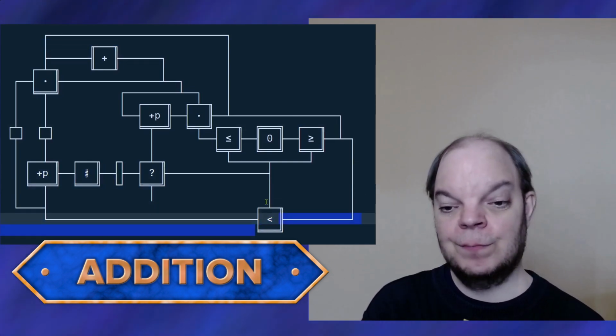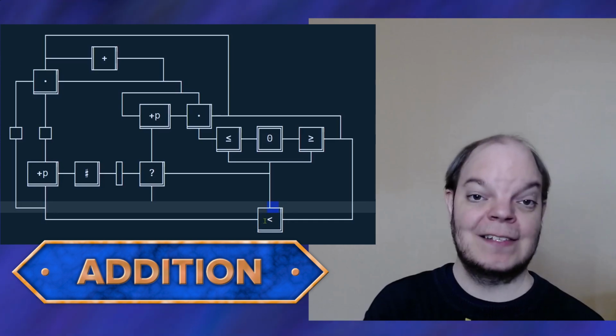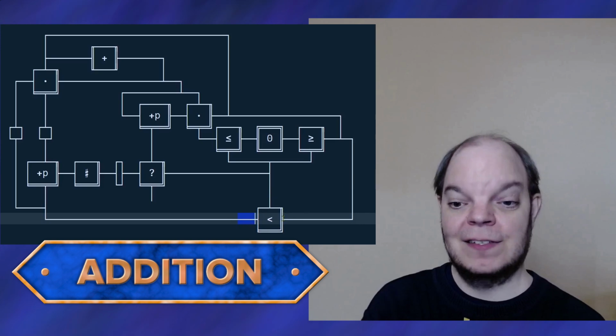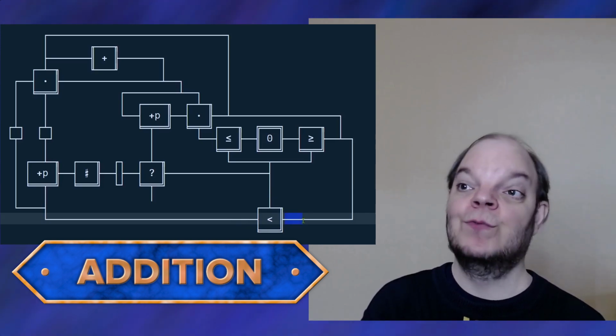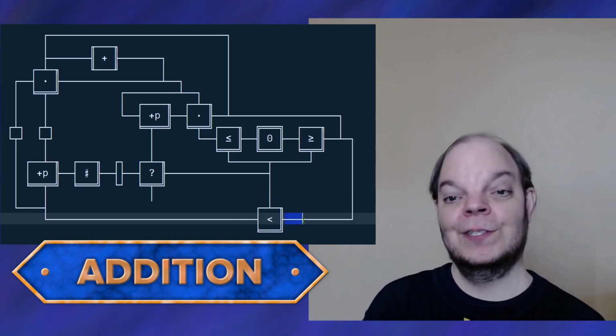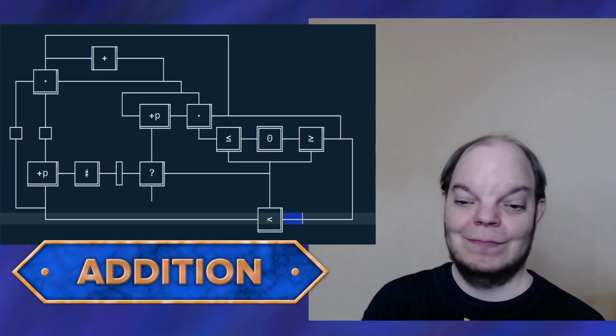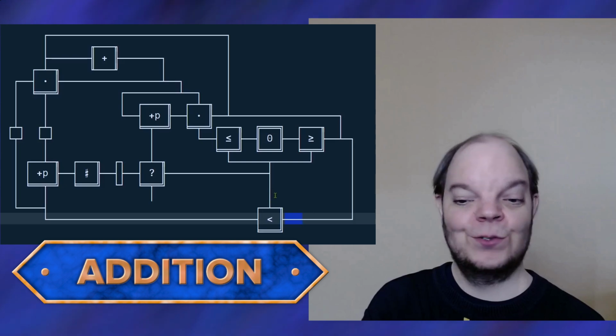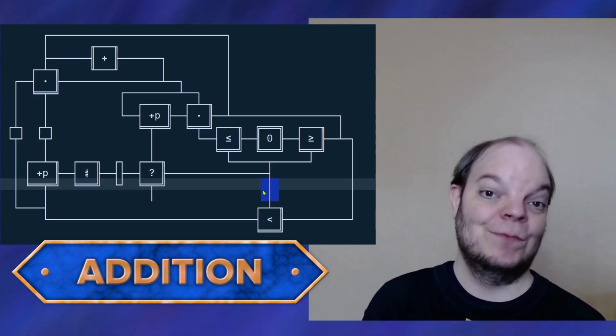So here, because the output of this less than sign is pointing up, we're actually checking if not b is less than a. What we wanted is not b greater or equal to a. So this is the opposite of what we want. So you could imagine another NOT here, and that would fix it.